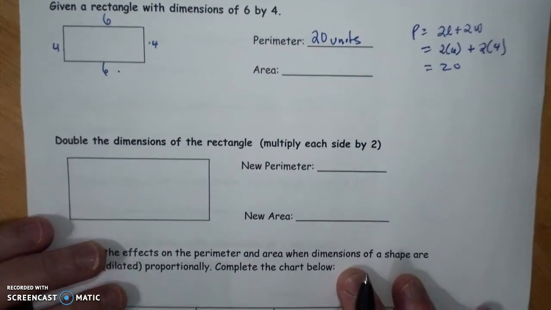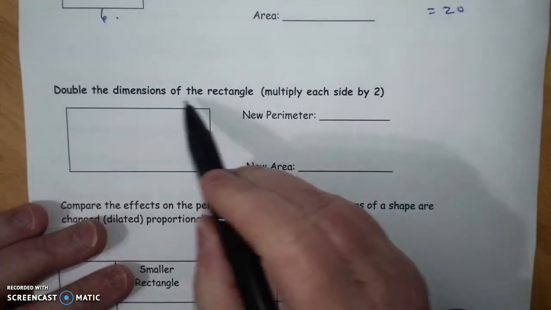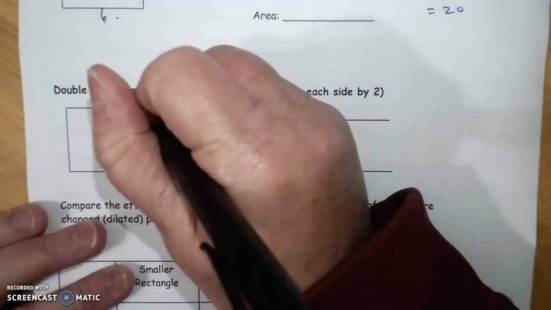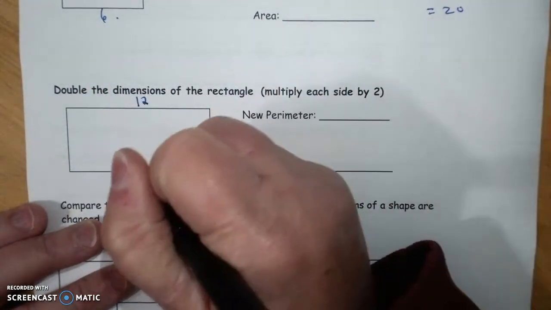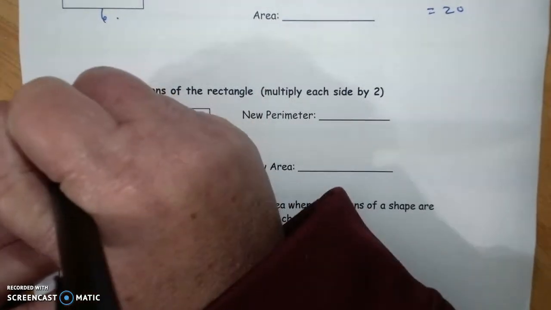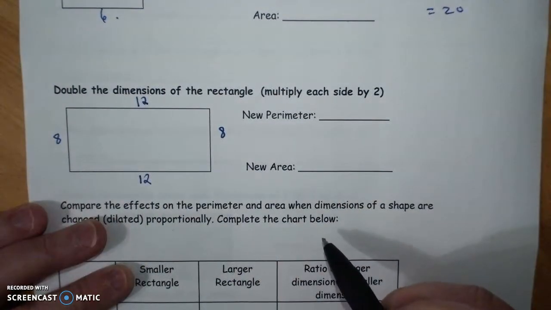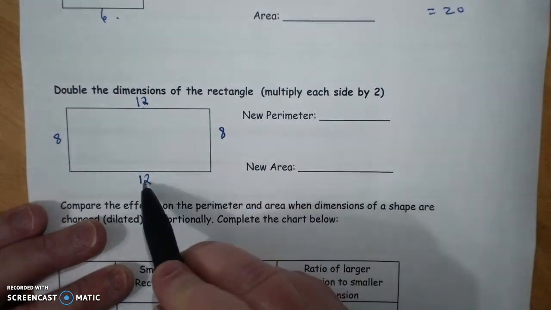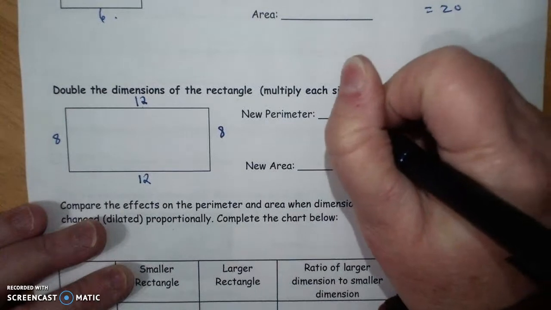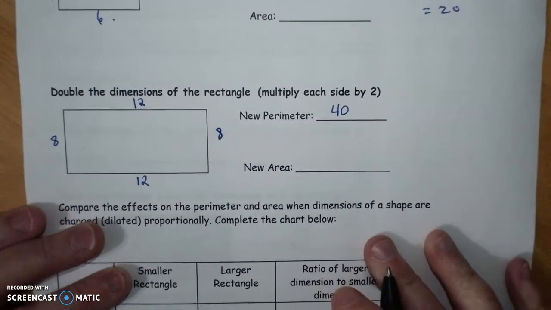I'm going to jump down, and I'm going to now double the dimensions of the rectangle and make that 12 and 8 and 12 and 8. And it's 12, 20, 32, 40. There's my new perimeter.